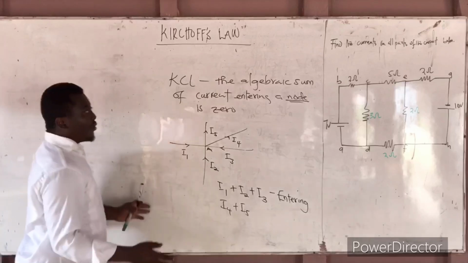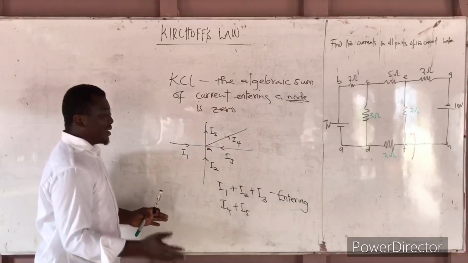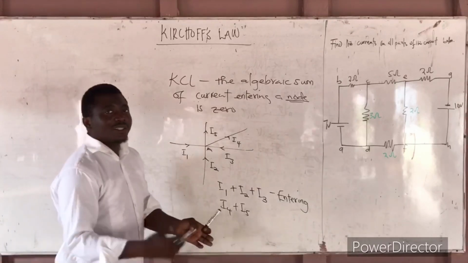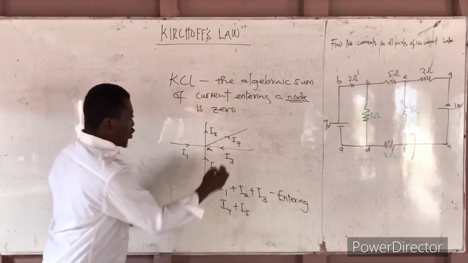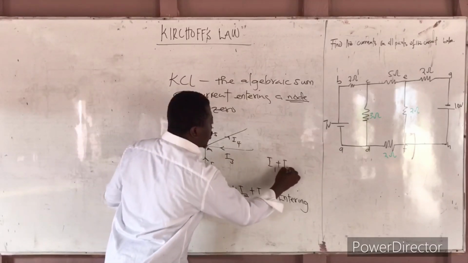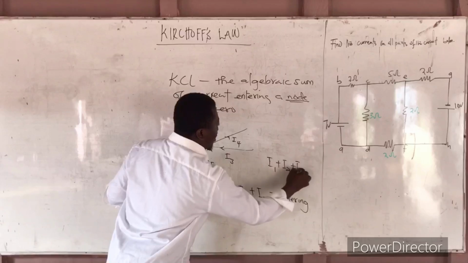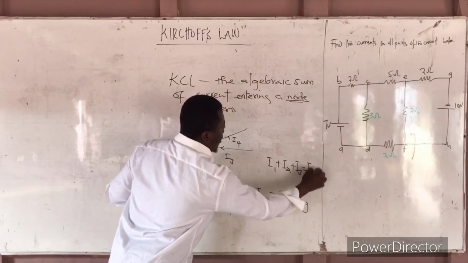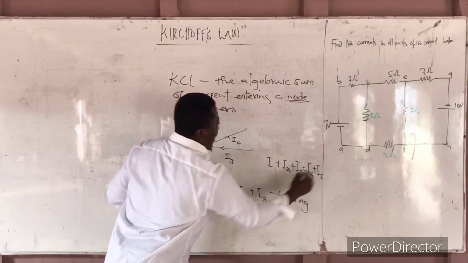So from the second statement I gave, current entering a node is equal to current leaving the node. You can put them together: I1 plus I2 plus I3 is equal to I4 plus I5.